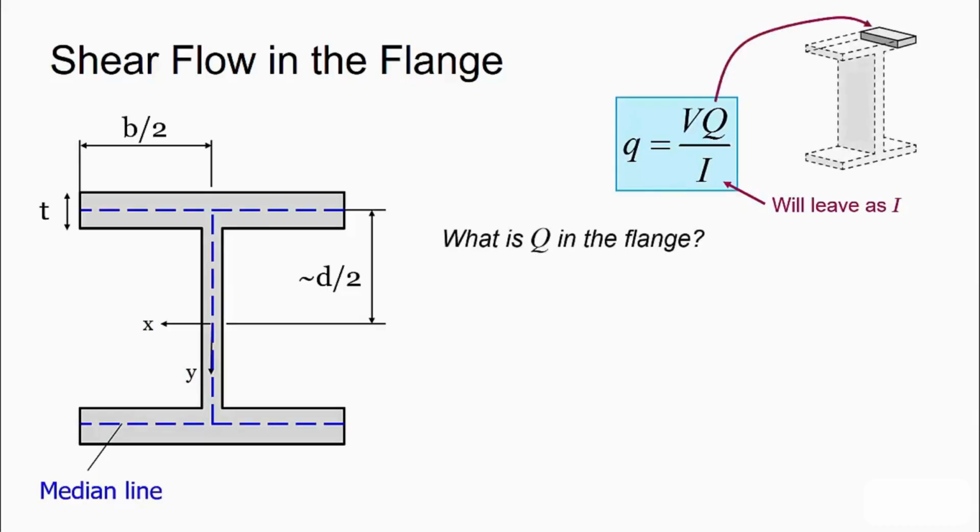Now, if you recall what Q is, when we developed the shear formula, we looked at sectioning a portion of the beam away and finding the shear flow or shear stress that maintained equilibrium of that small component sectioned away from the beam. So we're going to do this process to develop Q in our flange here. But instead of doing it exactly as shown here, I'm going to do it in the positive quadrant.